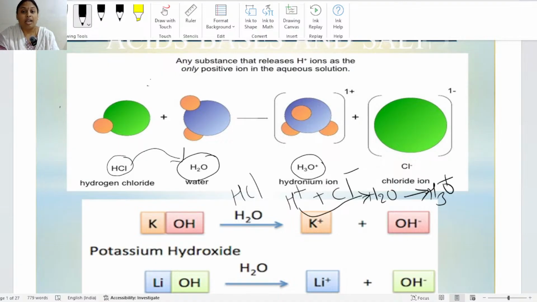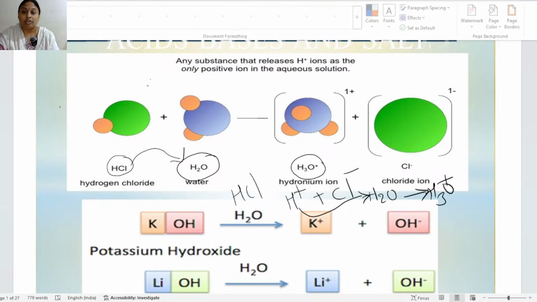So the acid reacts with water and gives the positively charged ion, and those will be known as acids. Now we will go to the next slide.